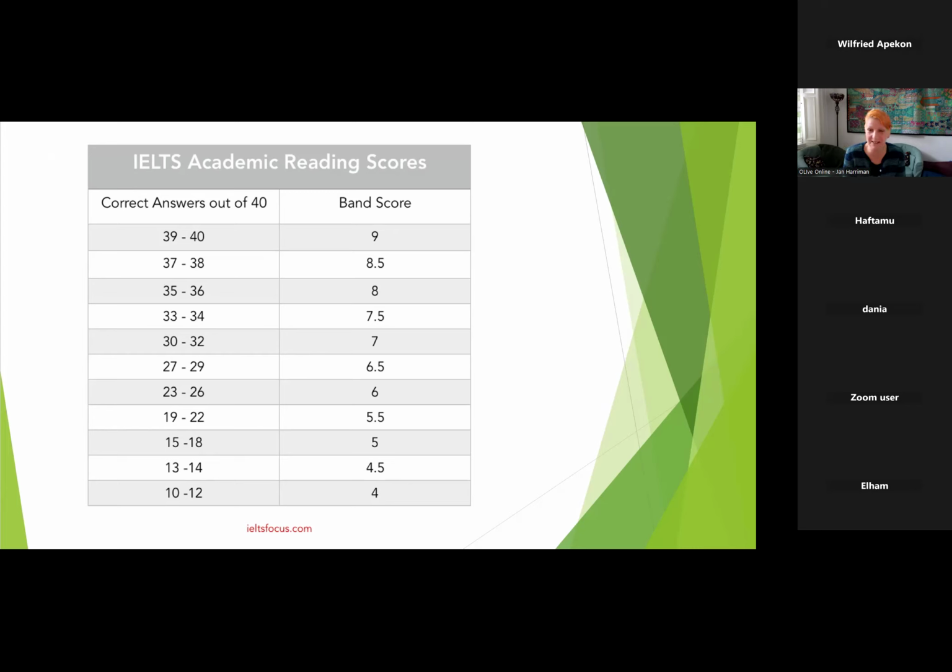You can look at this chart and say, okay, well, actually, I need a 6.5 from my program. That's the excellent. Yes. So how many questions can I get wrong?